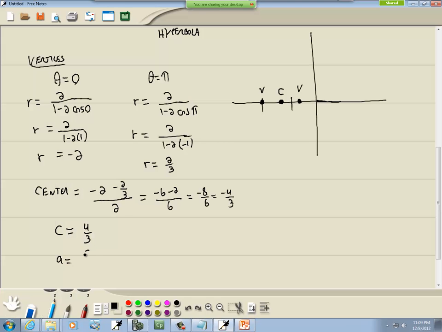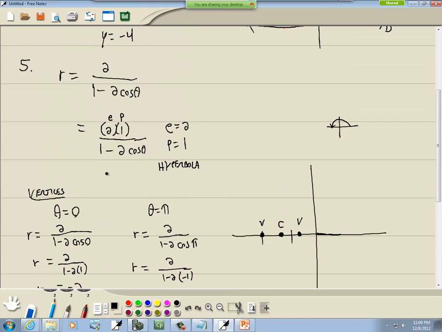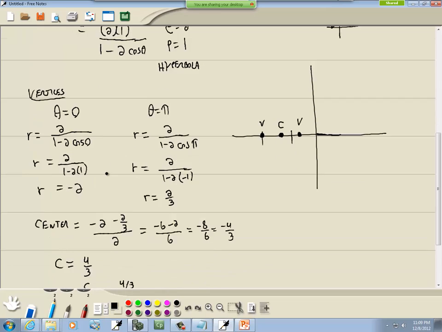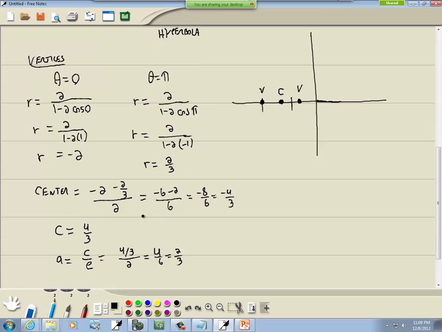A is equal to C over E. So I got 4/3 divided by E, which was, what was E? E was 2. Which gives us, you can take this denominator, put it down here with a 2, so you got 2 times 3. That gives us 4/6 or 2/3. Okay.